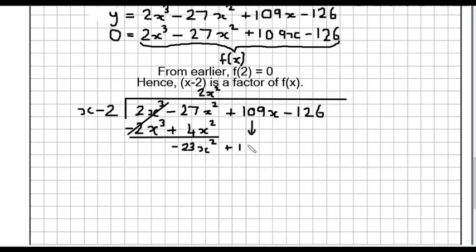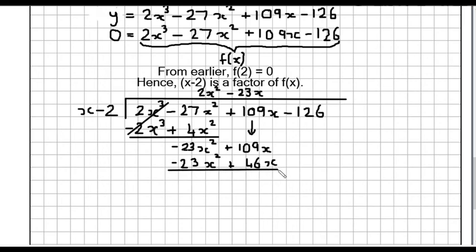So plus 109x. And then repeating the procedure now. So dividing x into minus 23x squared, we're going to get minus 23x. So then minus 23x by x is minus 23x squared. And minus 23x by minus 2 is plus 46x.